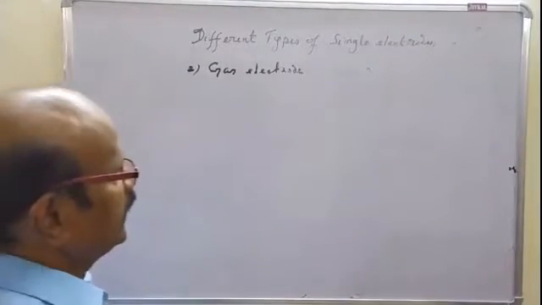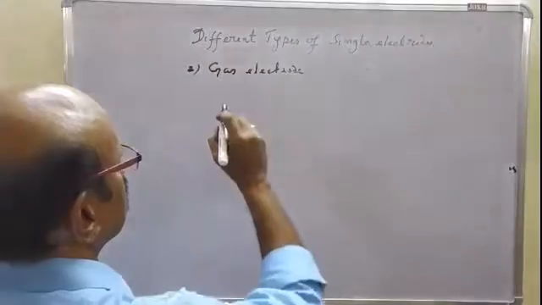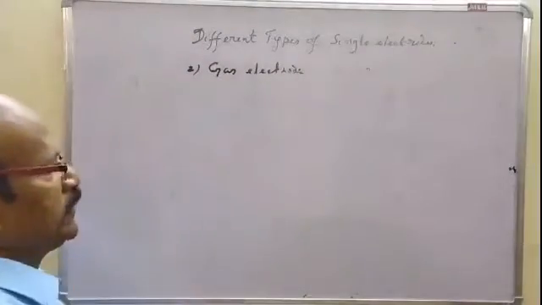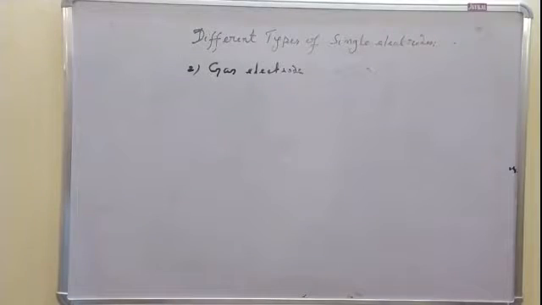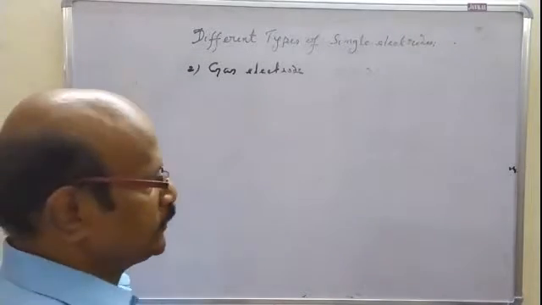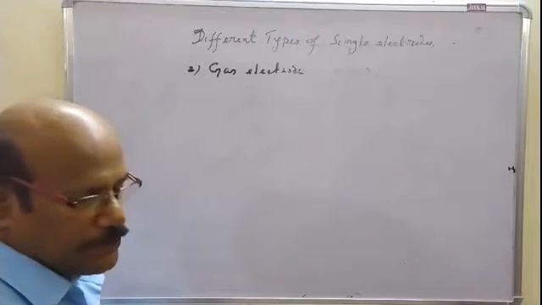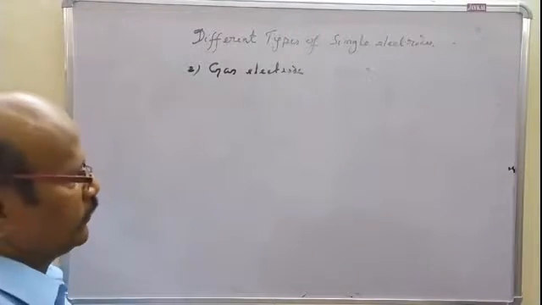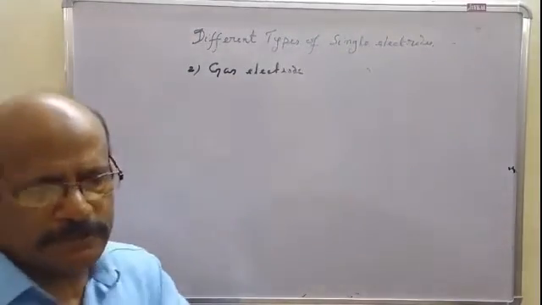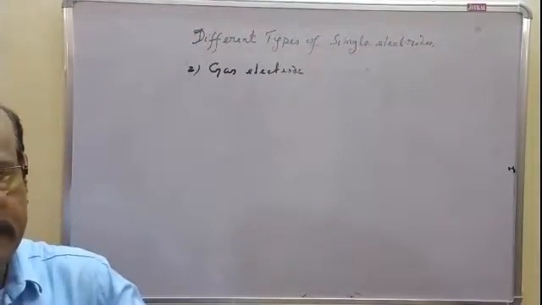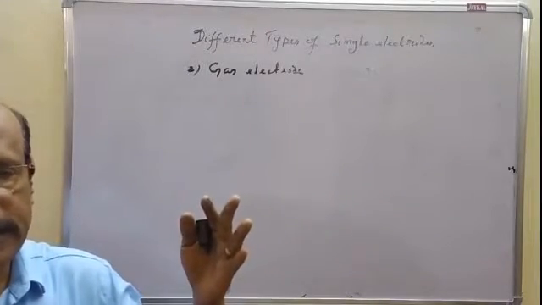It consists of hydrogen gas, perfectly pure dry hydrogen gas at 1 atmospheric pressure or 1 bar, passed through an aqueous solution of hydrochloric acid, in contact with H plus ion concentration, HCl solution of desired concentration, a particular concentration C, and in which platinum is in contact. Platinum foil or platinum strip connected to a platinum wire is acting as an electrical contact.